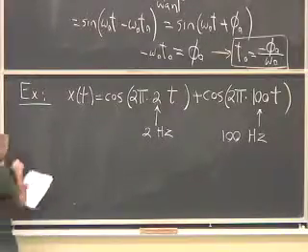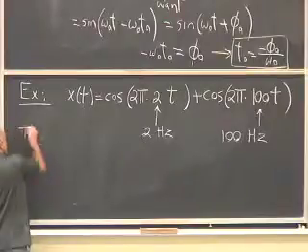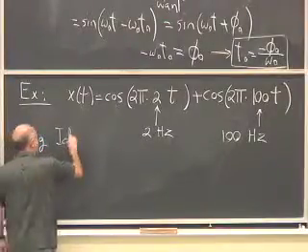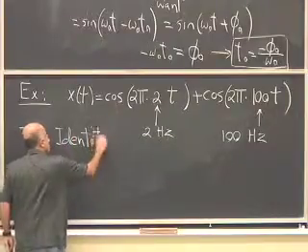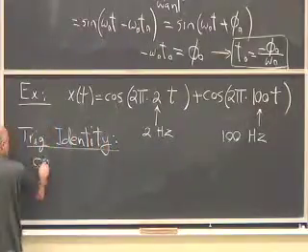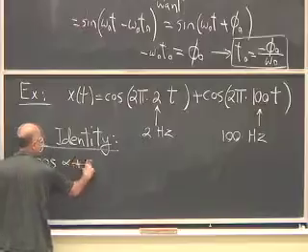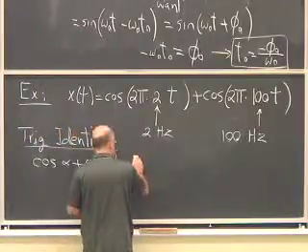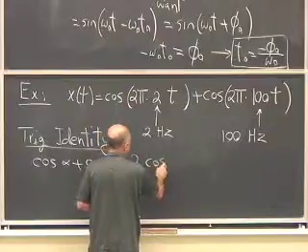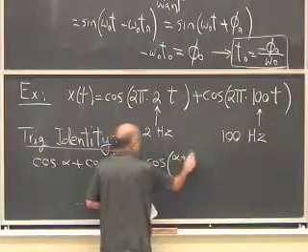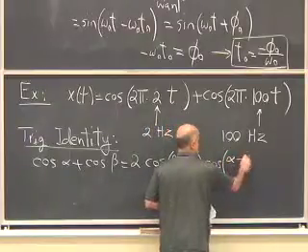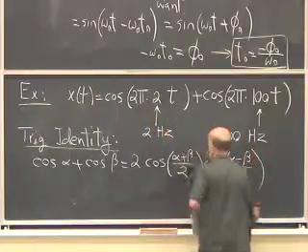So that relationship is the trig identity: cosine alpha plus cosine beta is 2 cosine of alpha plus beta over 2 times cosine of alpha minus beta over 2.